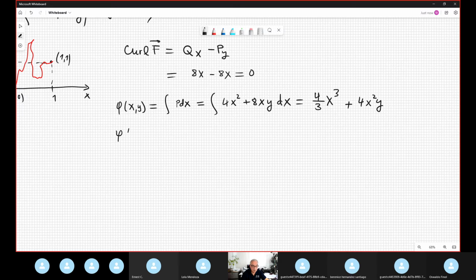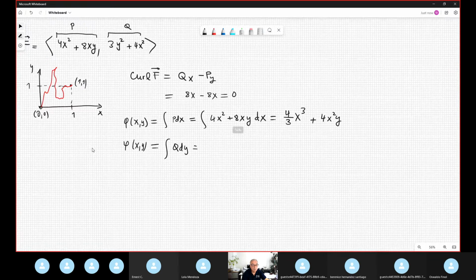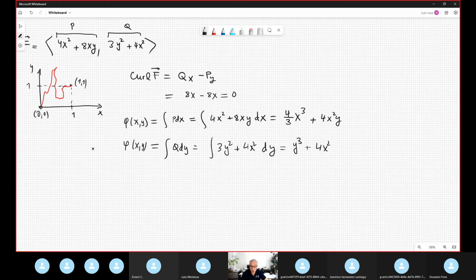Likewise, for the other component, the antiderivative of q dy. Who is q? Q is 3y squared plus 4x squared dy. And the answer is y cubed plus 4x squared y.